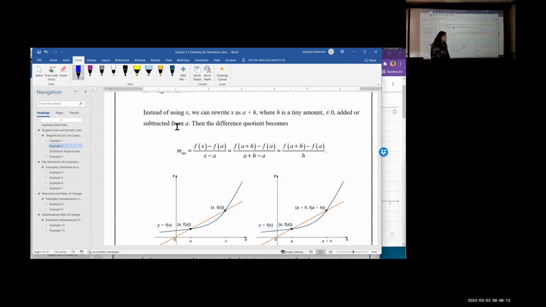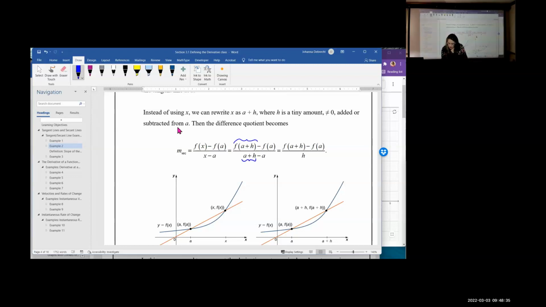It's really the same thing. So instead of calling it x, they're calling it a plus some small distance h that they've moved over. And then they rewrite the difference quotient as f of a plus h minus f of a over a plus h minus a. So this is the same expression that we've had before.